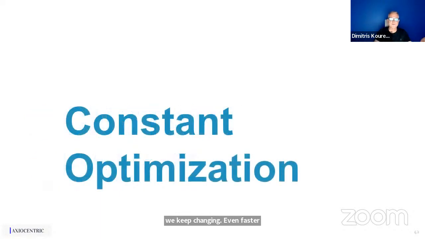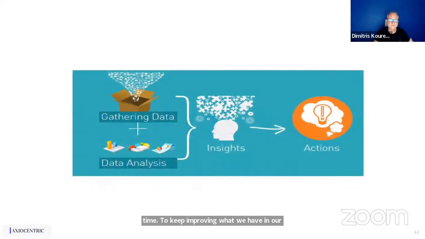So, for example, you need to make sure that your organization understands that we need constant optimization. It's not like the old physical world. We need all the time to keep improving what we have in our digital assets and digital ecosystems.